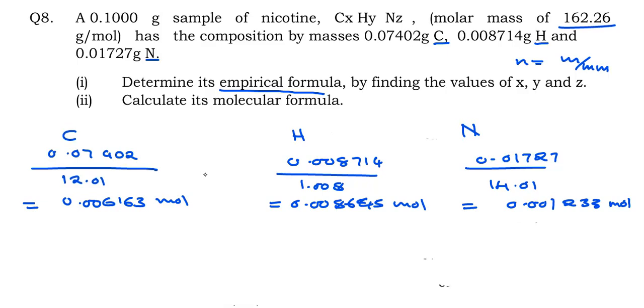What we are going to do next is to divide by the smallest value. We are looking at the number of moles. Which one is the smallest? You can see that this one is the smallest, so we are going to divide all of them by this.